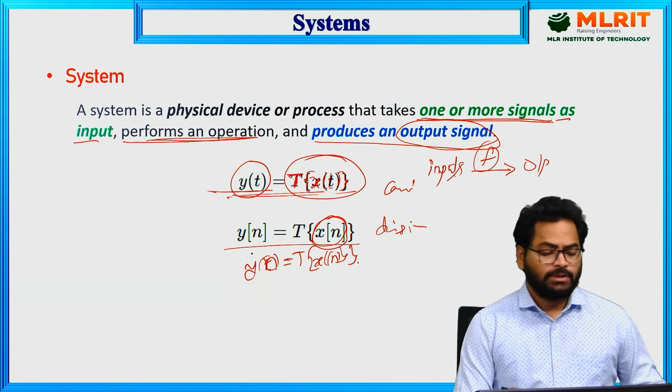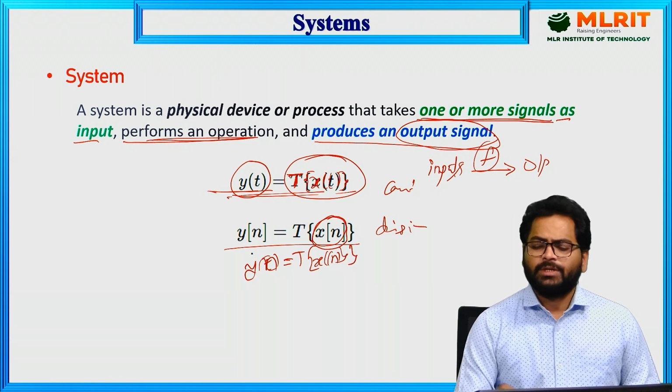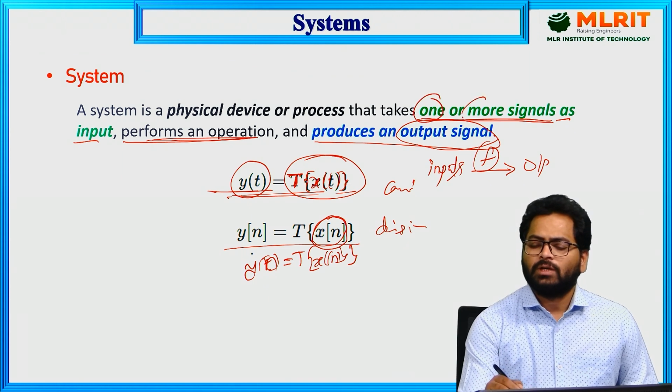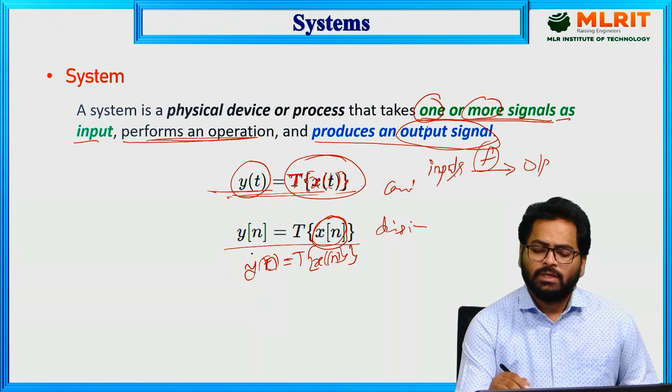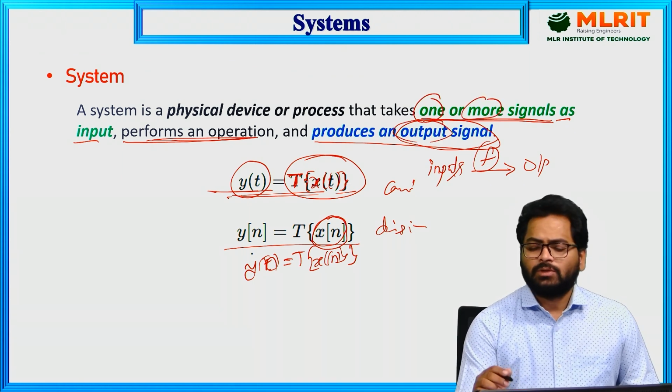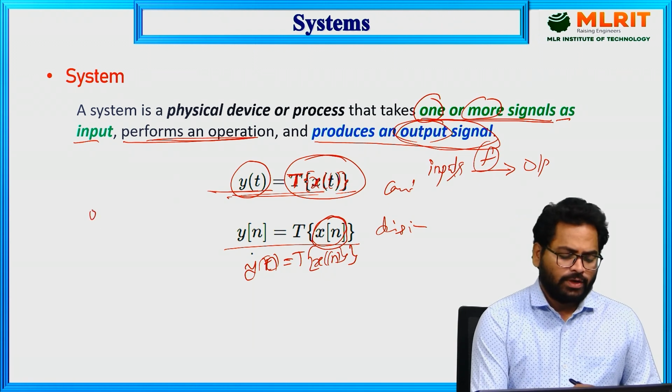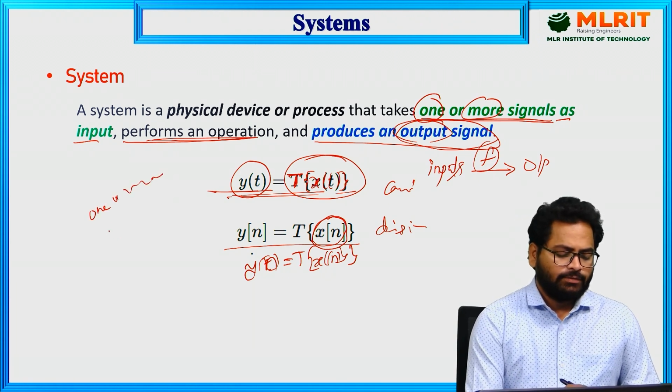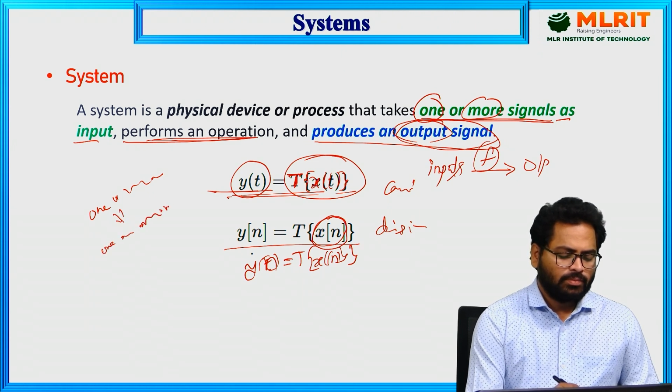So a system is nothing but something which takes some input, some meaning one or more. It can take one or more inputs and produce one output. It can also produce one or more outputs.